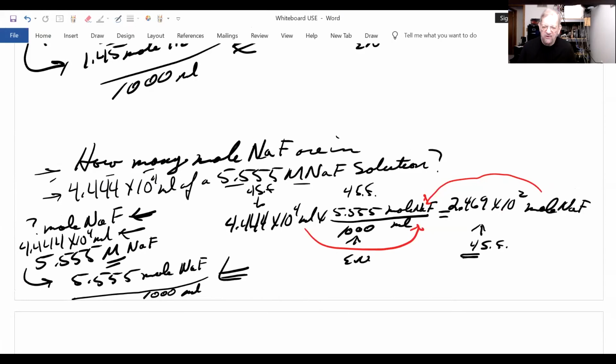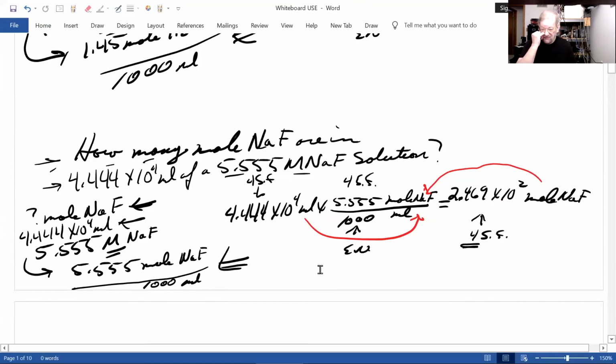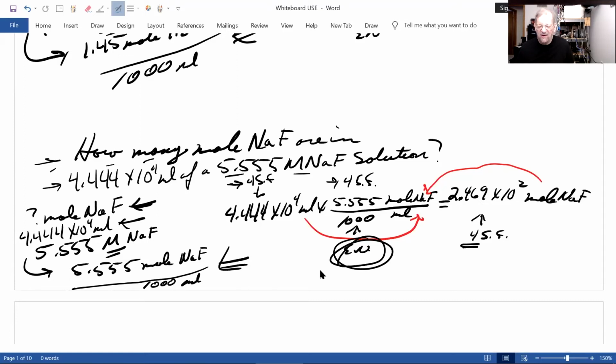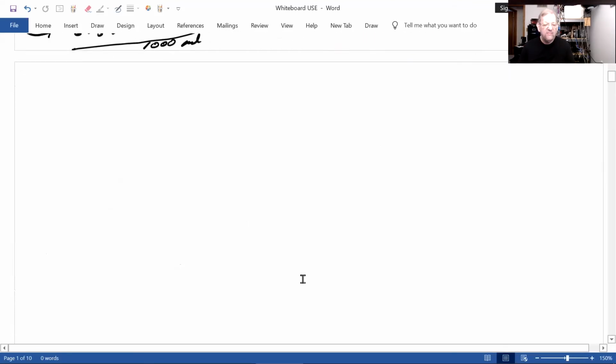Remember, when you're multiplying or dividing, the answer should have the same number of significant figures as the number you're multiplying, dividing, that has the fewest significant figures. In this problem, we had 4, 4, and when you have an exact number, that plays no role in calculating significant figures. All right.